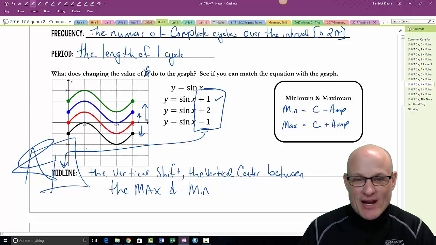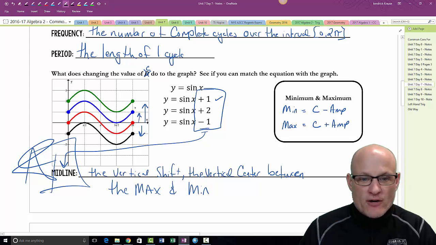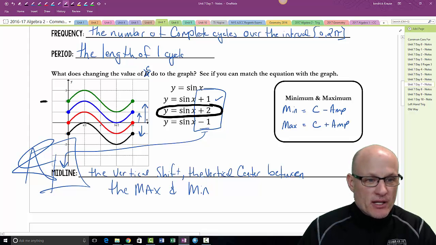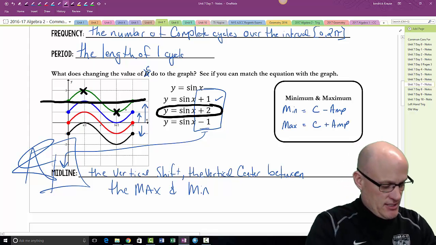Every time I ask you to graph it, you're going to start there. So the midline, let me draw it on this. I'll draw it for the midline for this +2, that's this green one. Here's the midline. It's the vertical center between the max and the min.